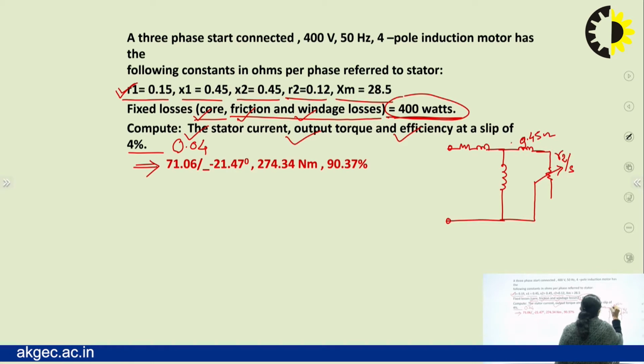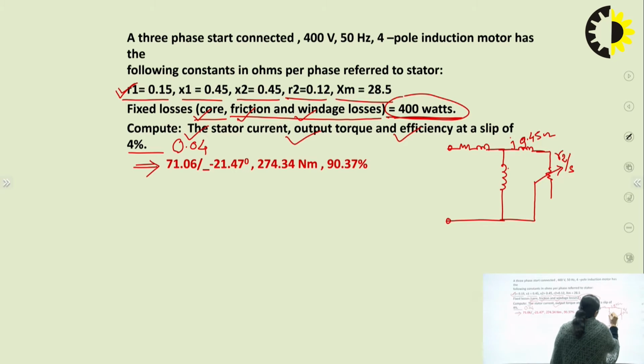The value of X2 is given as 0.45 ohm, so j0.45 ohm. Xm is given as 28.5, so it is j28.5 ohm. Then we have resistance R1 as 0.15 ohm and jX1 as 0.45 ohm. Resistance R2 is given as 0.12.